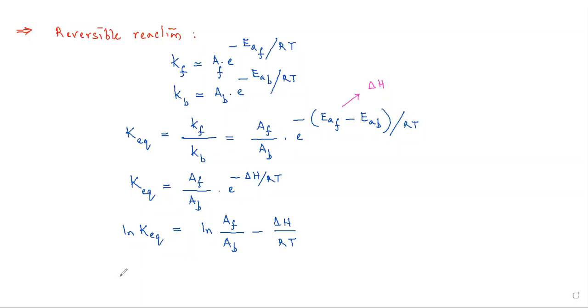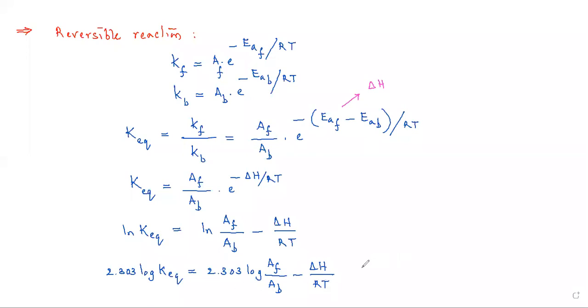Now this can be, of course, converted into base 10 logarithm. So this is 2.303 log AF by AB minus delta H by RT.